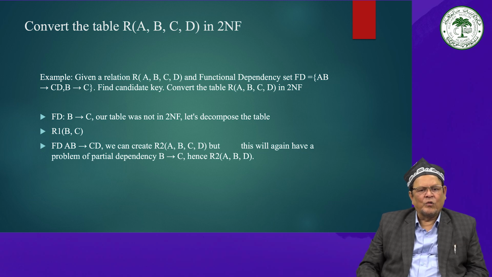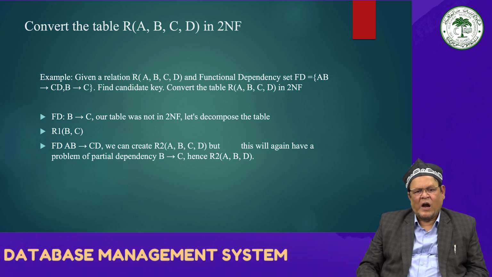So how are we going to do this? First we see the functional dependencies. B determines C, so our table was not in 2NF. Let's decompose the table. R1 with attributes BC.